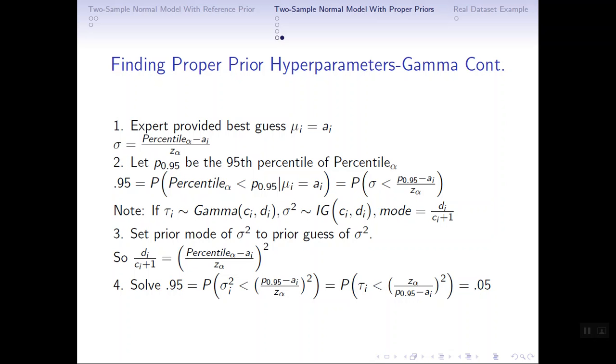So at the 95th percentile, we have the following inequality, so that tau is less than Z alpha over P minus A, squared. So we want to solve these 2x2 systems of equations, and you can do that numerically using a computer program. And so we just simply plug in this information.